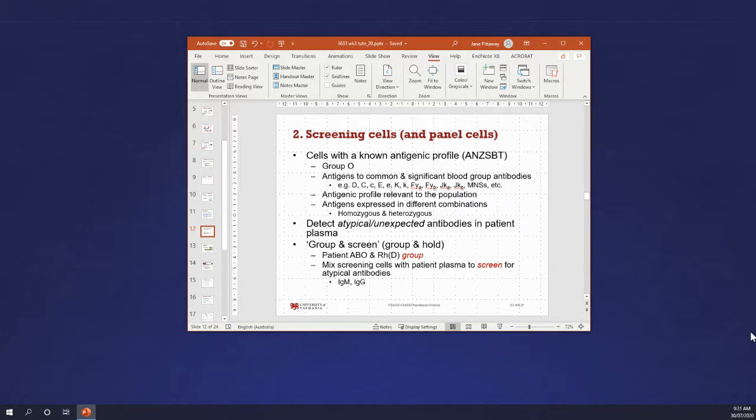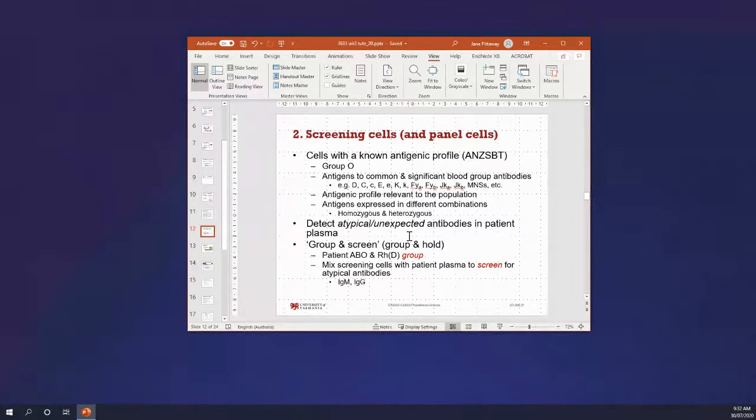Look at our RH antigens. Remember our RH antigens, we've got D or absence of D, we've got big C, we've got little c, we've got big E, we've got little e, haven't we?